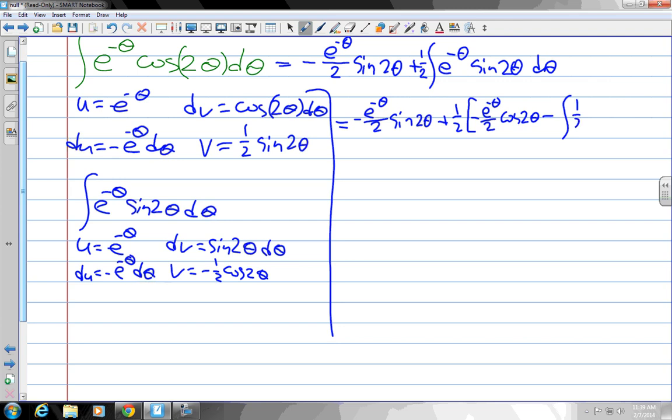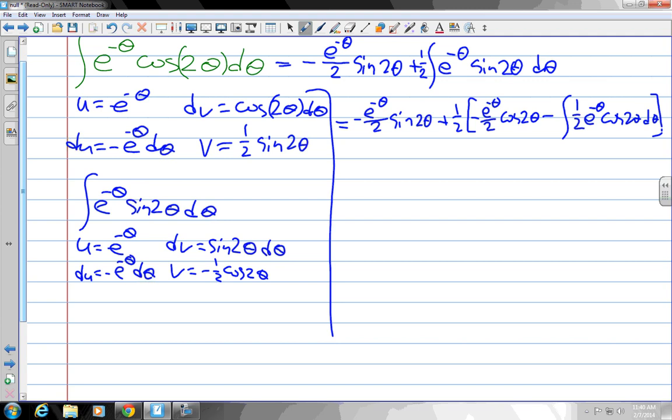So 1/2 e to the negative theta cosine 2 theta d theta, right? So that's uv, right? Yeah, they're both cosines. Is that right?